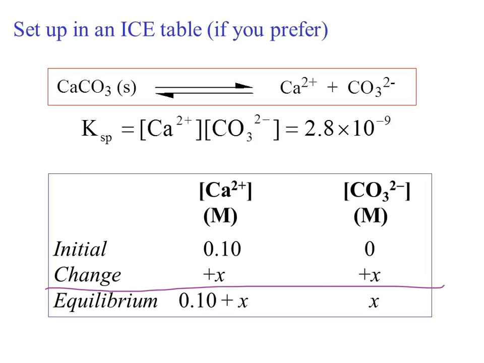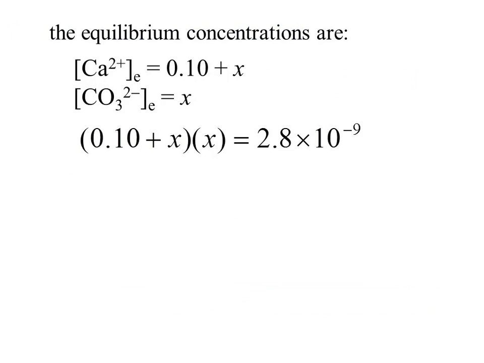Initial, change, and apply the change to the initial to get the equilibrium concentrations. All right. So, at equilibrium, the calcium ion is 0.10 plus X, where X is the molar solubility. At equilibrium, the carbonate is simply X, because there was no common ion of carbonate there.